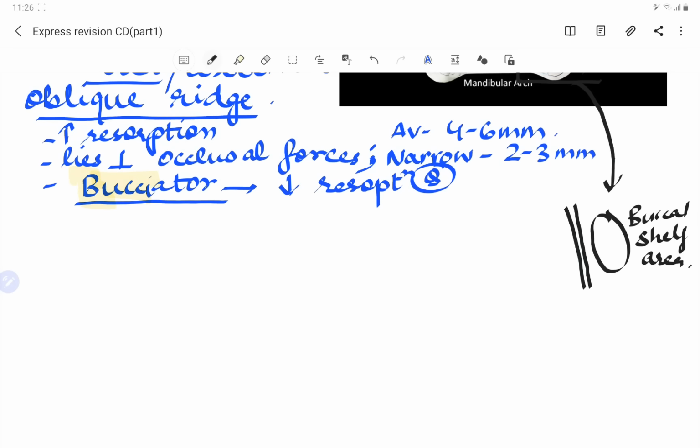Now, the buccal shelf area is surrounded medially by the crest of the ridge, and laterally by the external oblique ridge.